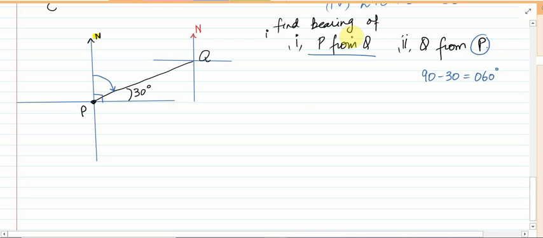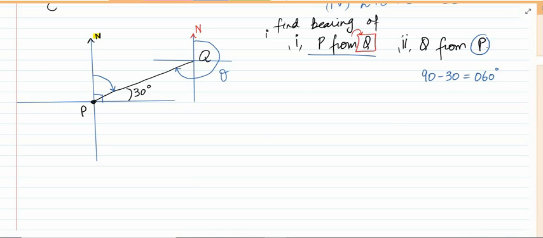The word after the word from, we need to take north of this point, right? After the north, second step, highlight the unknown angle. Now we are looking for the angle which starts from the north of Q and ends on that line that connects P and Q, this angle. That is our angle theta, what we are looking for, right?